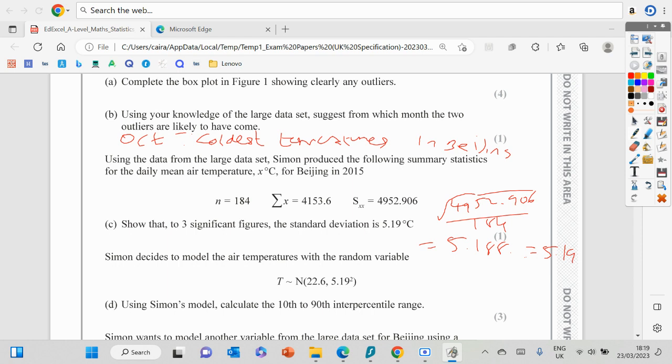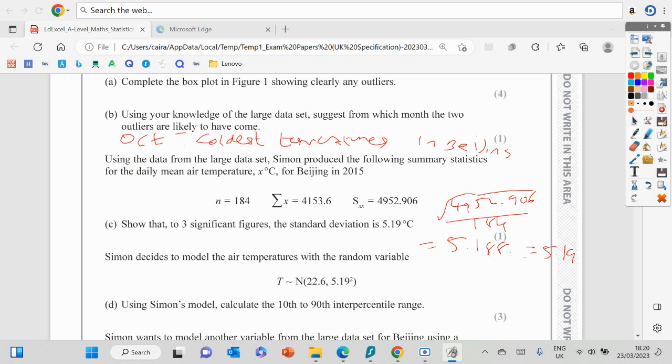Right, part D. Using Simon's model, calculate the 10th to 90th interpercentile range. We're given a normal distribution. So let's get the calculator. We're going to need it. We want the 10th to 90th, so we're looking in between the two. So we want to look at the 90% range, take away the 10% range.